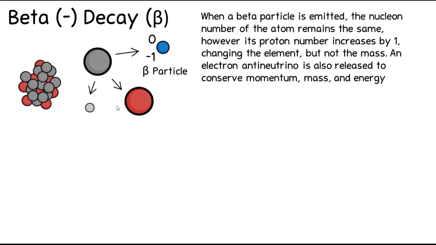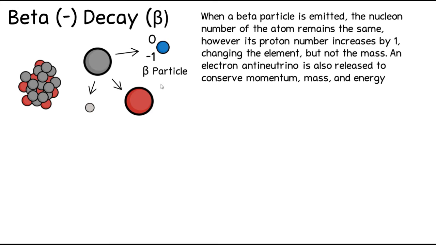And when beta decay was first discovered, they couldn't definitively prove that this is what happened, because the momentum and the energy and the mass weren't conserved when this happened. But then the antineutrino was discovered by Pauli, and it managed to make everything in this interaction actually work. And all you need to know about this antineutrino is that it is very, very tiny, and it has no charge. It just helps everything sort of balance out in the interaction.